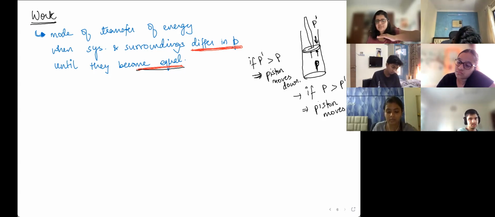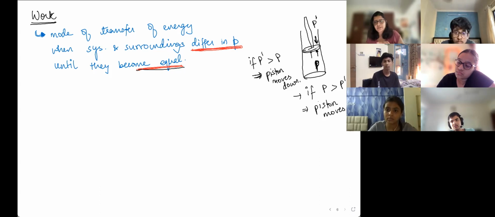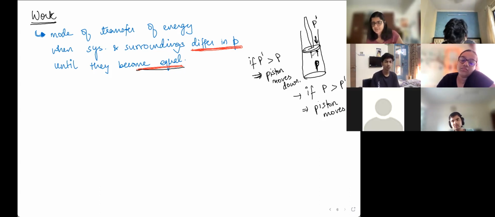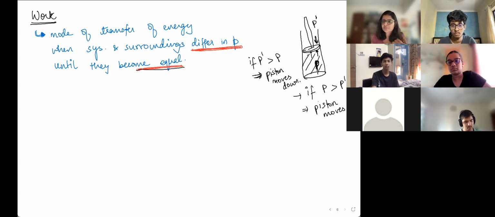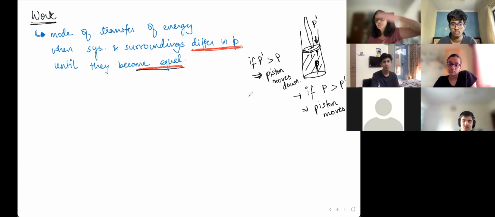But if there is a difference in the pressure, wherever there is more pressure, that is going to exert force. That force is going to cause a motion in the piston, which in turn changes the state inside. There's going to be a difference in the volume and in the temperature. All that is going to end up as a difference in the energy. So that motion, upward or downward, is basically what we call work, because that's causing the change in energy inside.